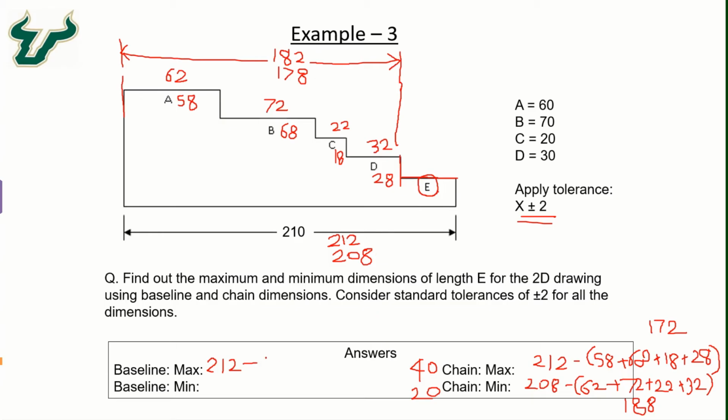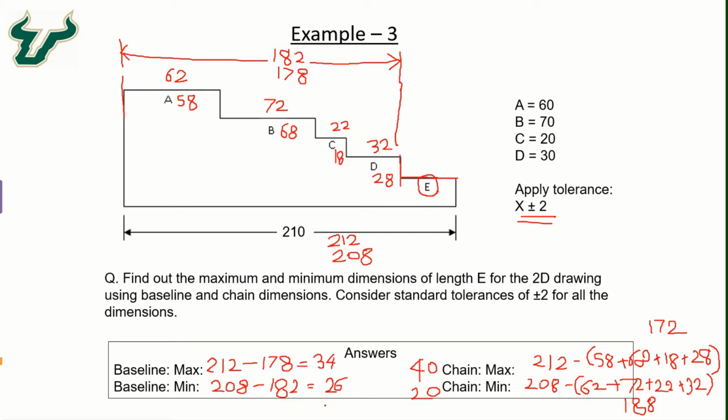So 212 minus 178 will give us the maximum value for the baseline scheme, and that comes out to be 34. And for the minimum value, it will be 208 minus 182, which comes out to be 26.